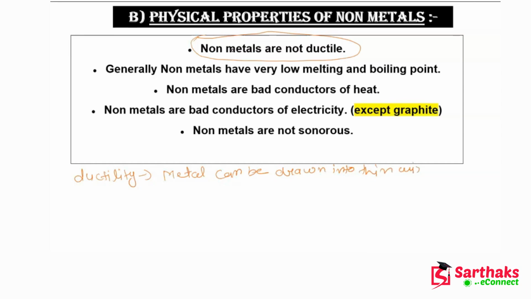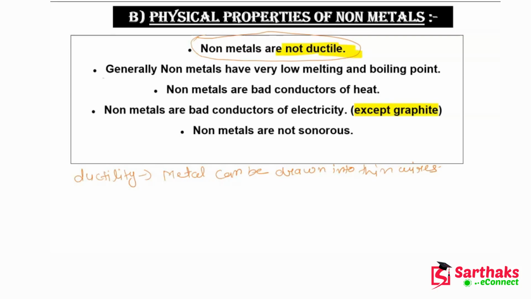You can make very thin wires of metal. This property is known as ductility. But as most properties of non-metals are opposite of metals, metals are ductile but non-metals are not ductile. You cannot draw non-metals into thin wires. This is a very important point.